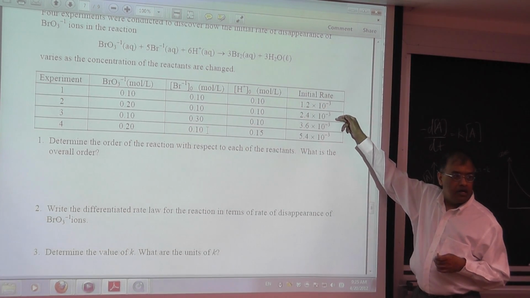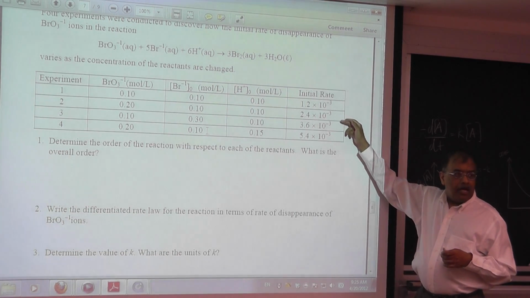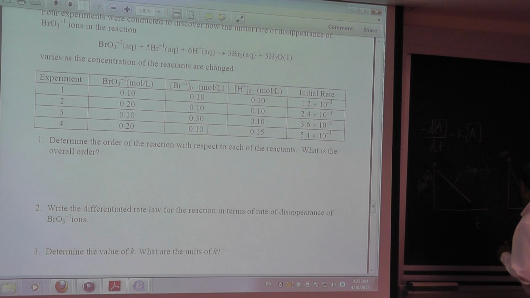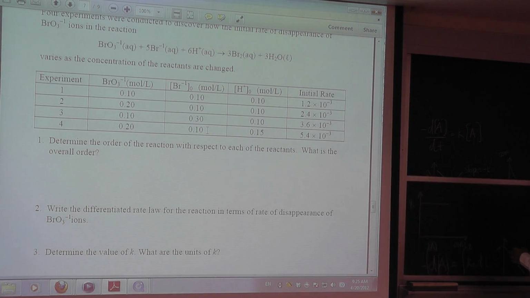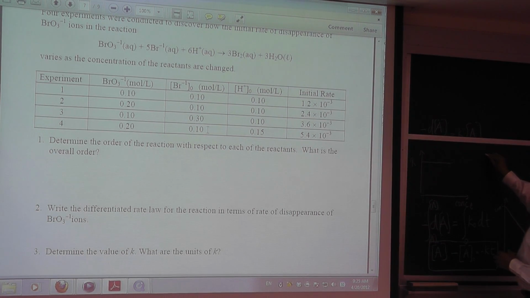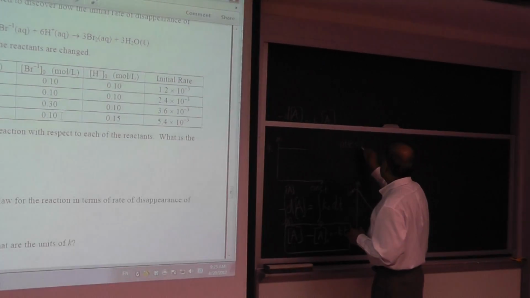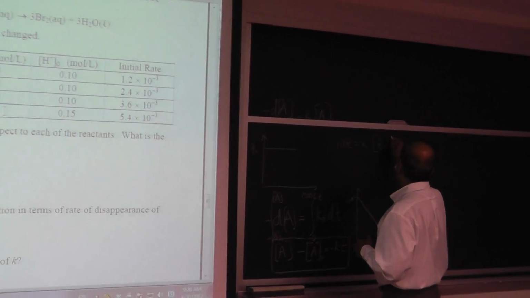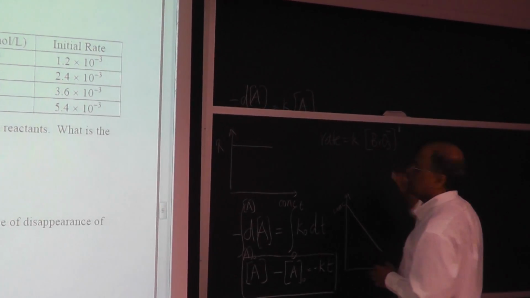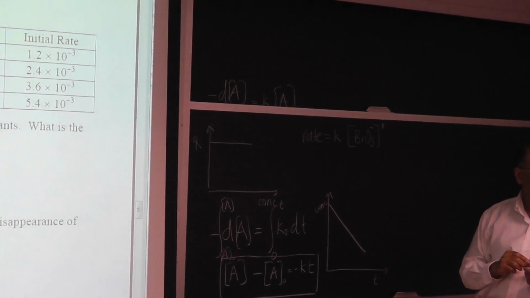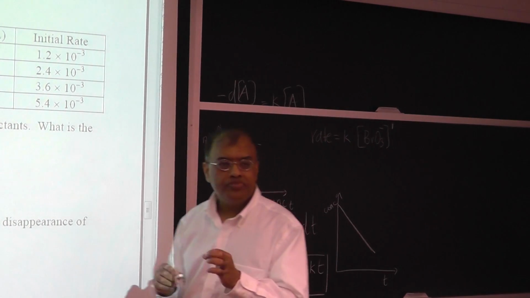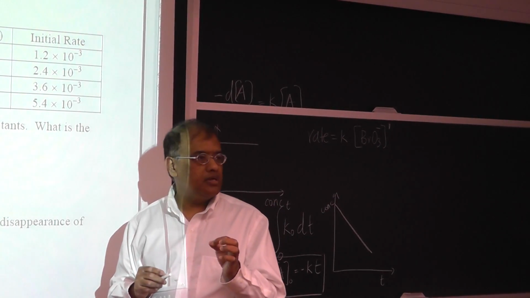Doubles. Therefore, the rate of this reaction is K times bromate to the power 1, because when you double the concentration, the rate doubles.